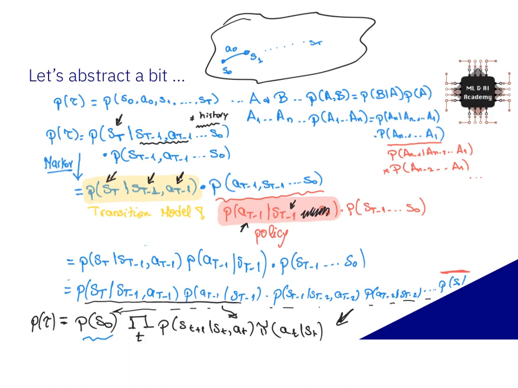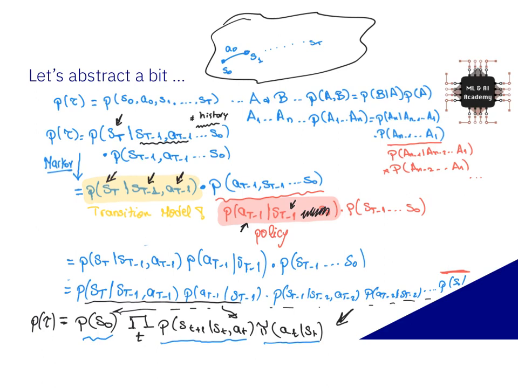The density of this trajectory is simply the density of starting at S0, picking the action on that state, then transitioning according to your transition model. So the way the density of the trajectory works is really intuitive, because you start at some place, you pick an action according to some distribution that takes you to another place, and that's what's reflected by this product.